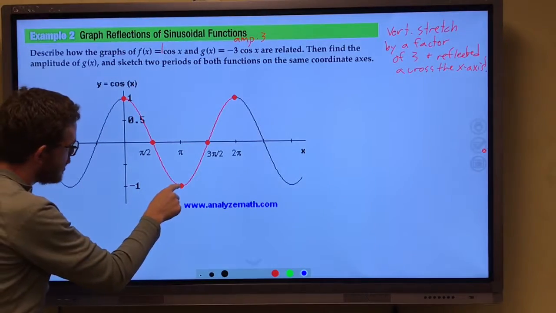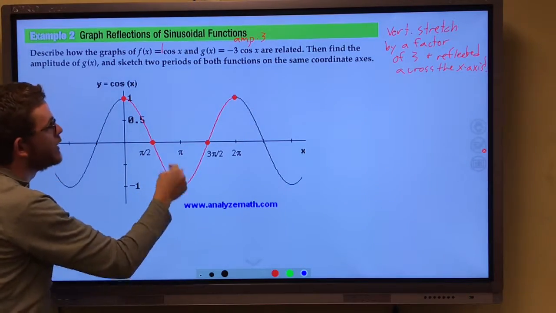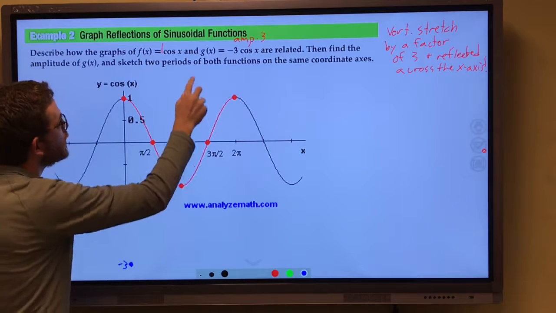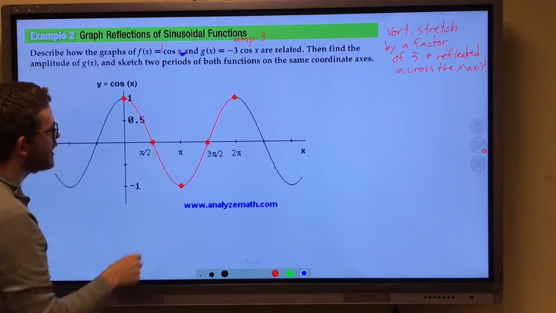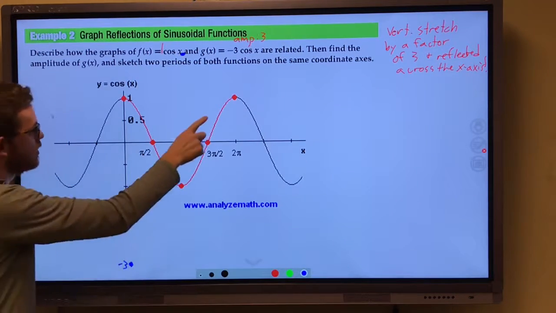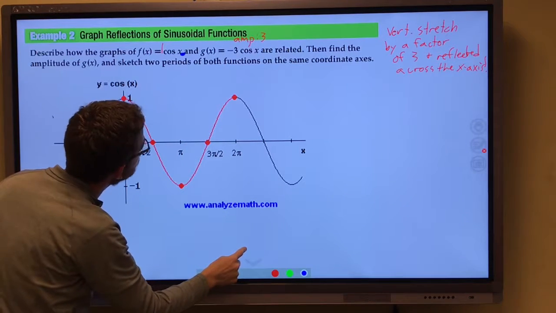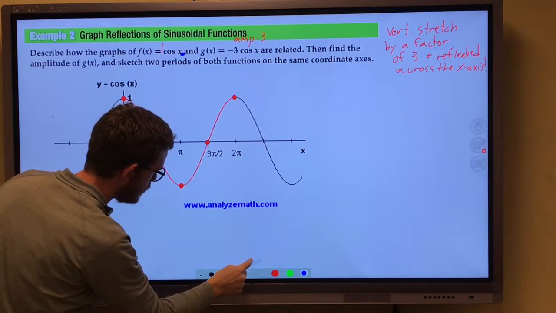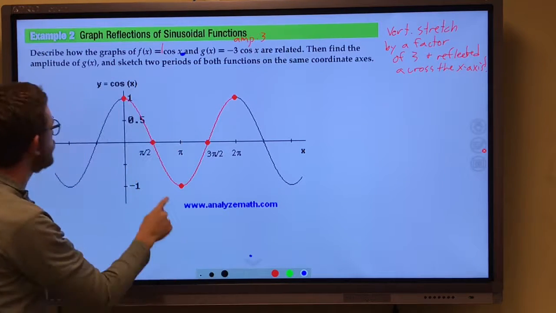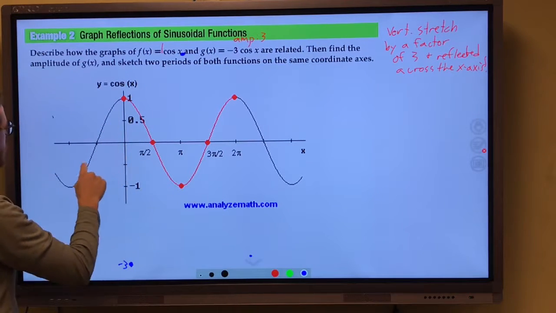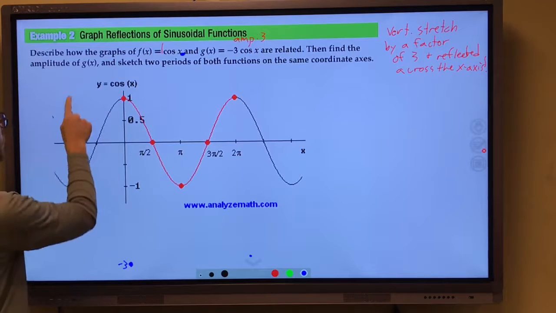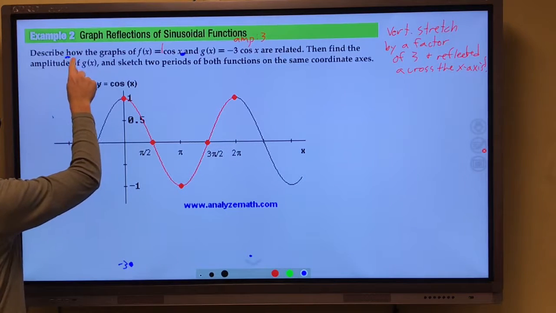When we multiply -1 by -3, we get out a +3. That would be way up here. So you can see this one would then be way down here, and so on. That point would be way up here.